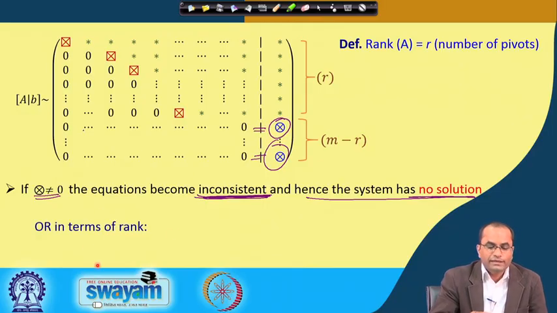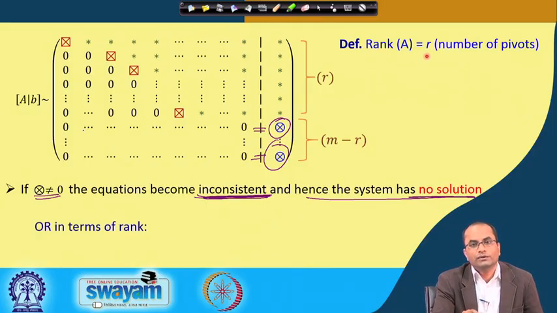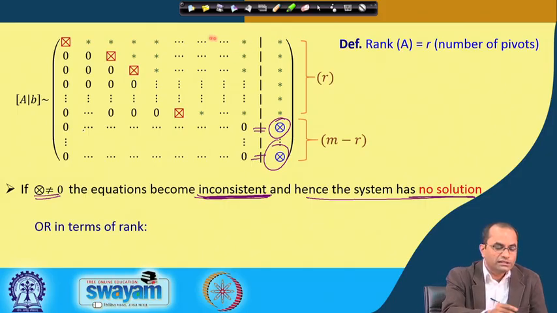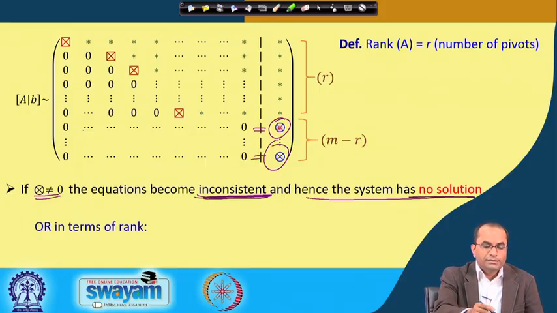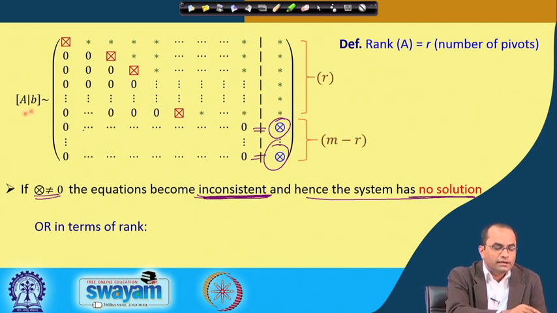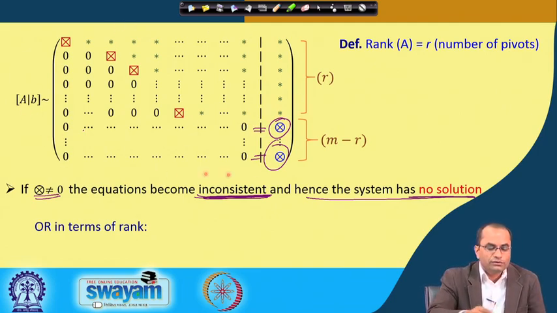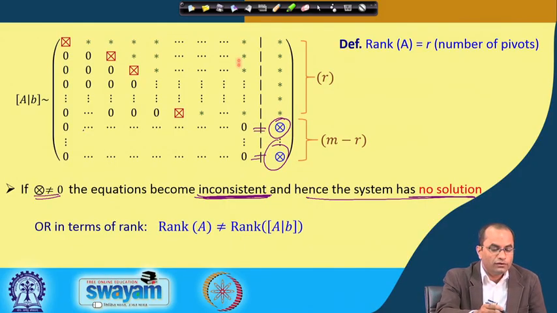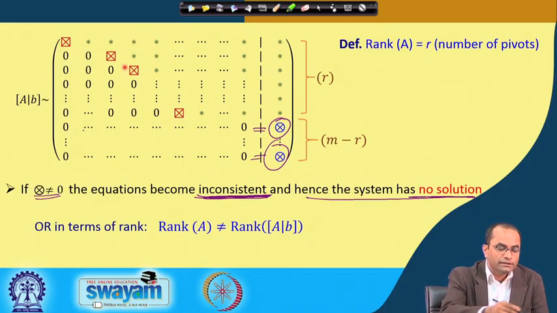Or, in terms of the rank, since we have already defined the rank of the matrix by this number r, we will now always be talking about the matrix A, the first part of this augmented matrix, while the second part, this column, is B, and the whole matrix we call AB, the augmented matrix. So, what is the rank of A? From this matrix, how many pivots are there? There are r pivots, so the rank of A will be r.